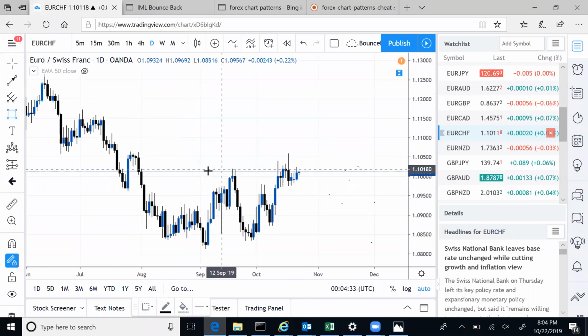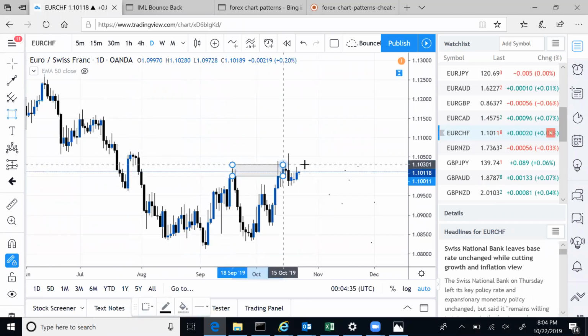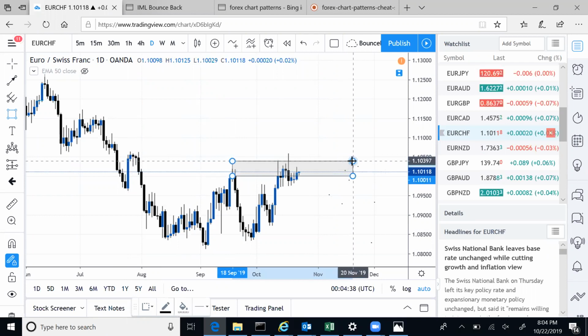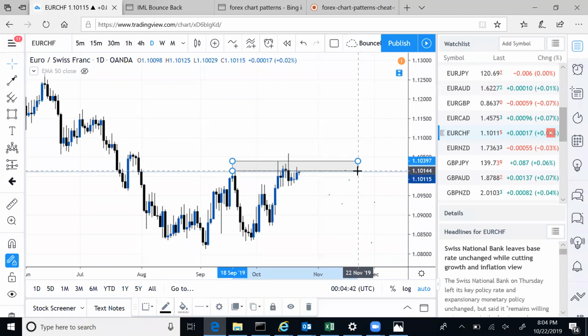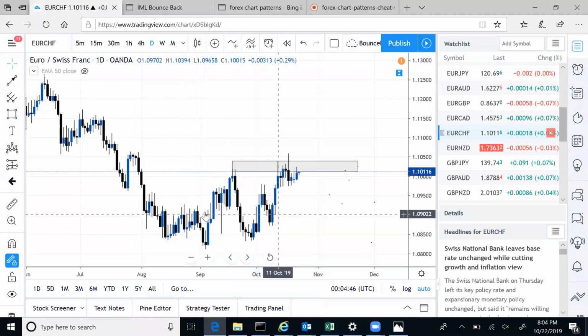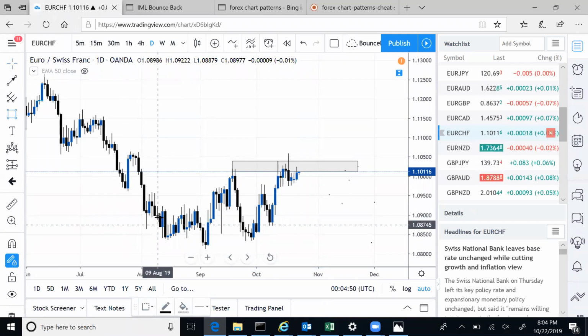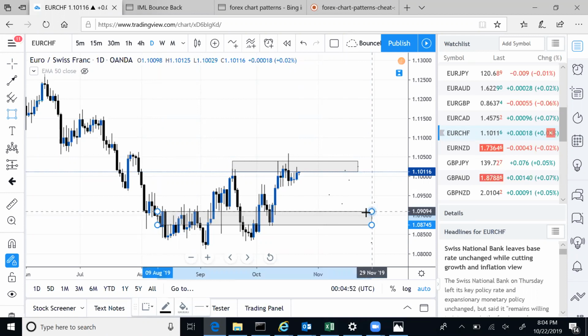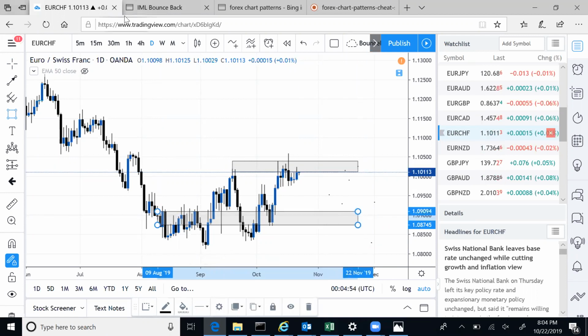So when you come here, you can even start from here. You could look here and say, hang on a minute, I see a lot of wicks in this area. So we know that we are at daily resistance. This will be daily support here. We got support here as well.